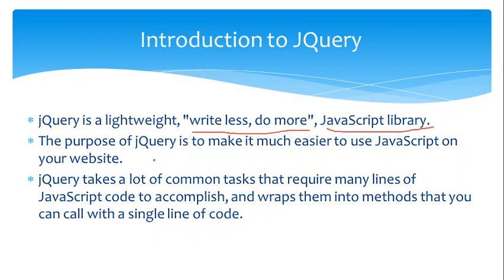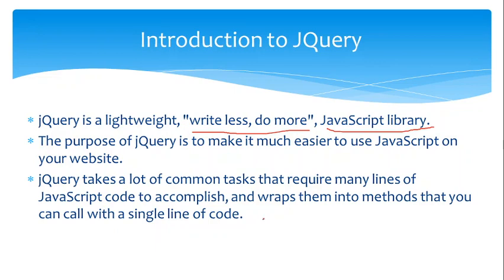Okay, why are we using jQuery? To use JavaScript on the website. Okay, fine. jQuery takes a lot of common tasks that require many lines of JavaScript code to accomplish and wraps them into a method that you can call with a single line of code.